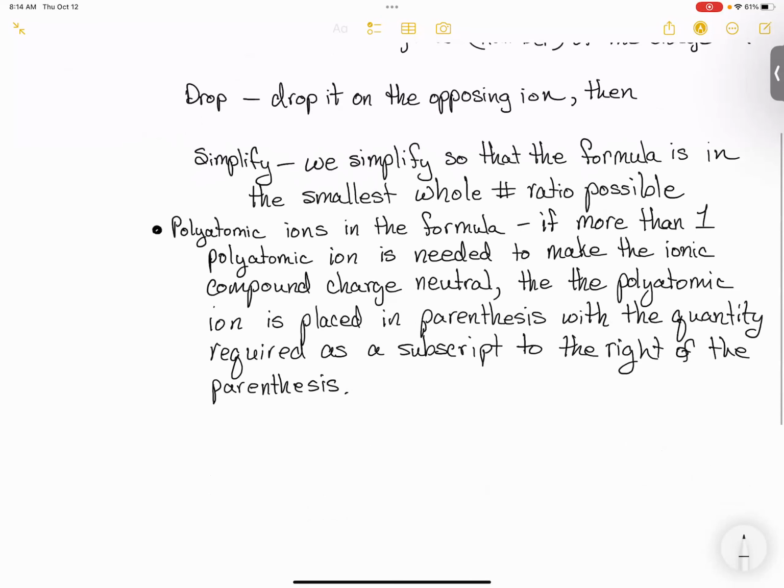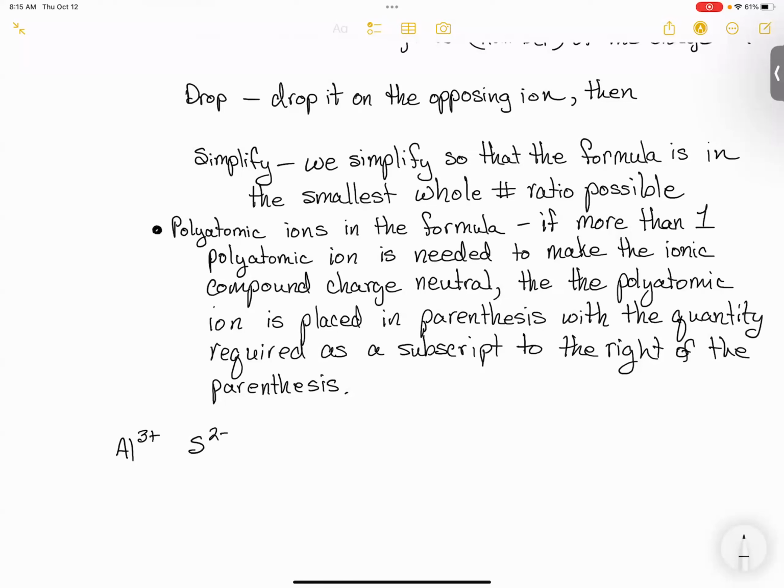Okay. So examples. Let's take aluminum. What charge does aluminum have? I heard it, 3+. And let's combine aluminum with sulfur. And what charge does the sulfur atom have? 2-.